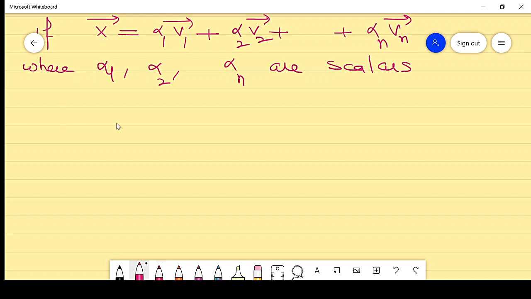Now the first theorem. Here we are going to prove the first result. What is the statement of the first theorem? Remember this statement.